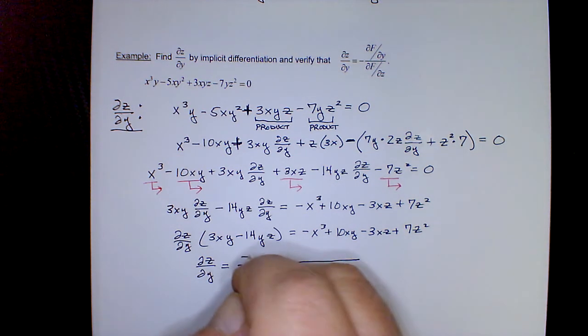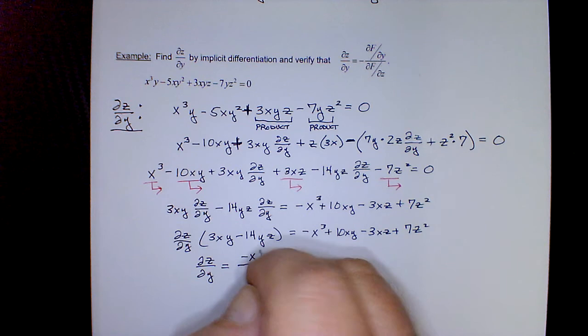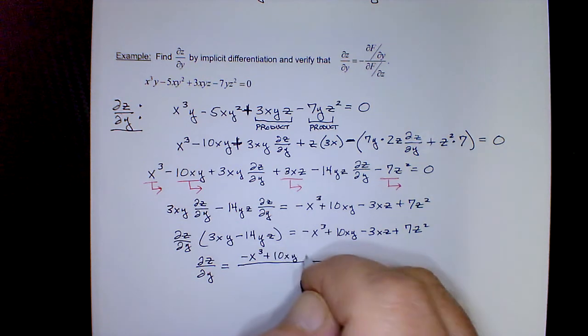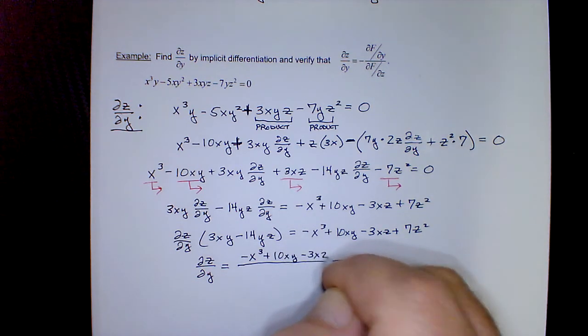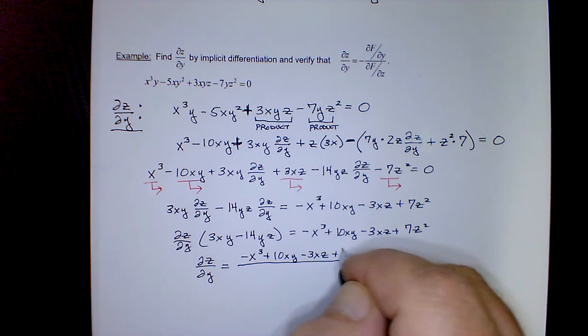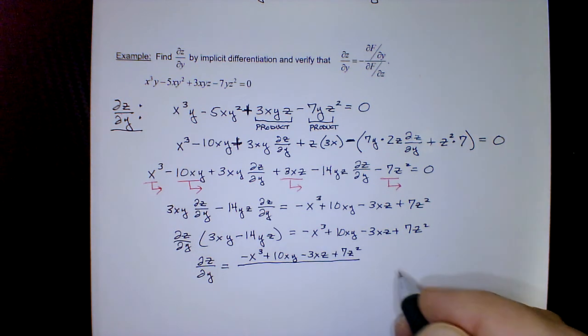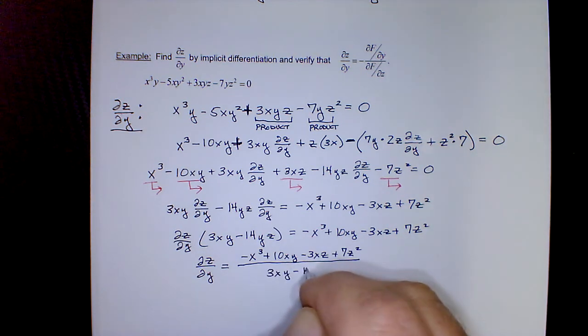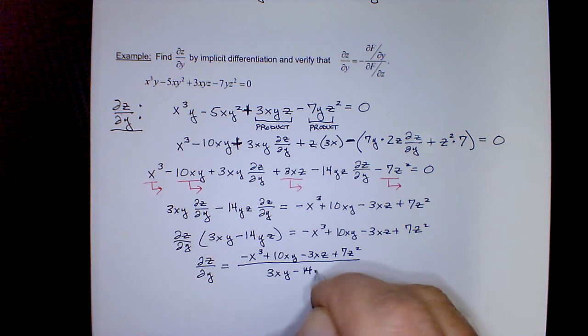So what's on the right is the numerator of a fraction, and what's on the left in parentheses is the denominator of that fraction.